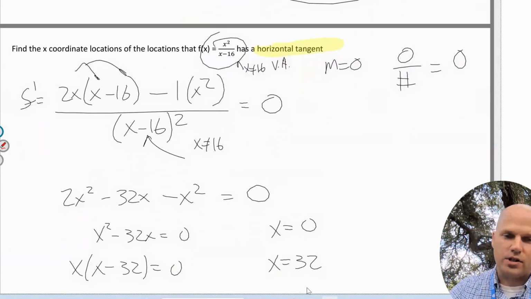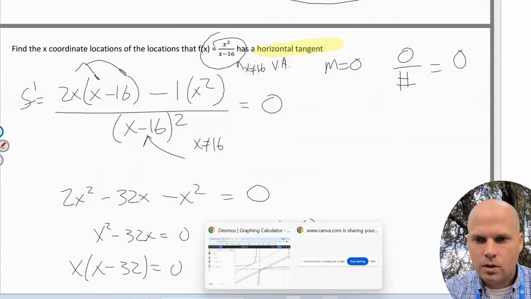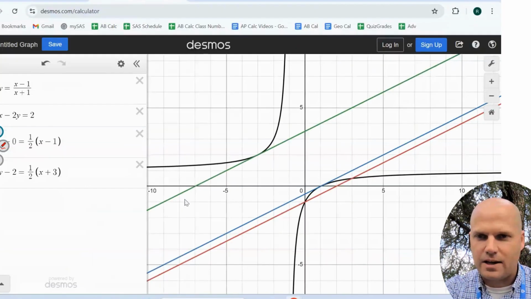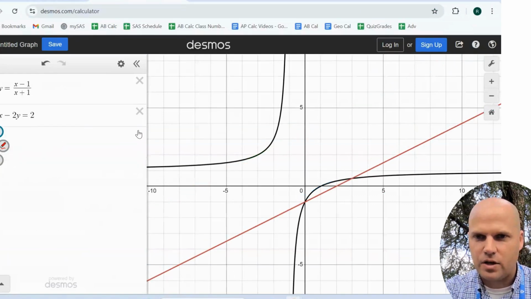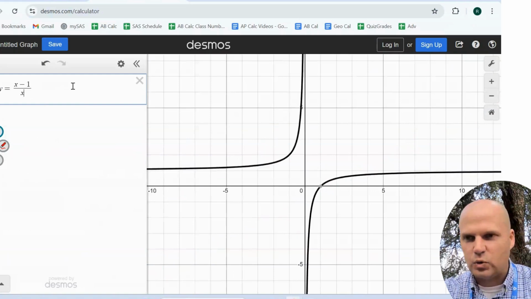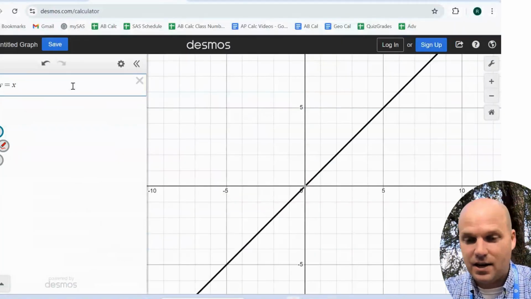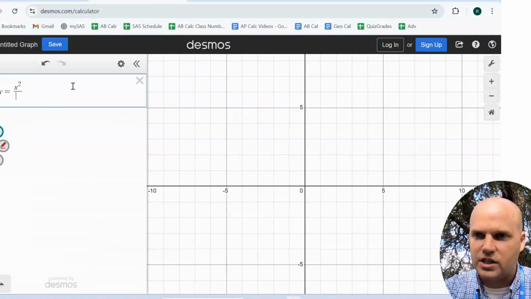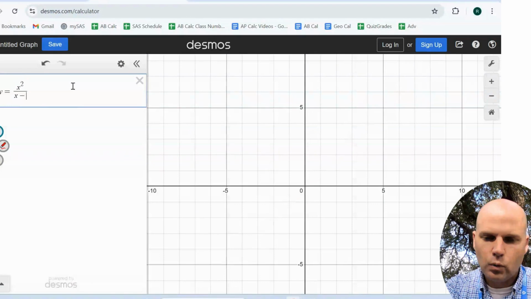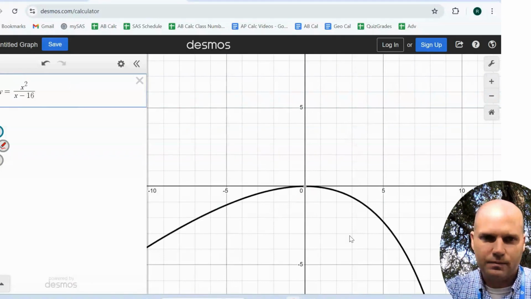Yeah, I want to see this. 0 and 32. X squared, x minus 16. That actually makes sense probably because of symmetry: if 0 is one place and you have a vertical asymptote at 16, the other side of 16 would be the other vertical asymptote.